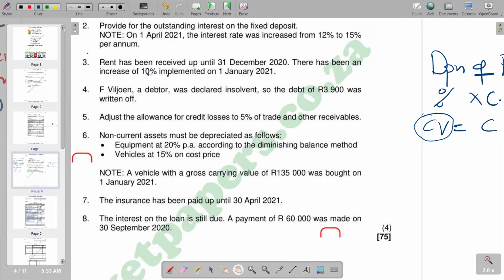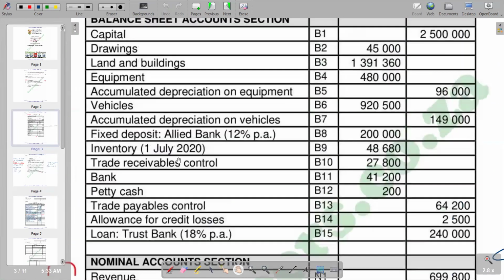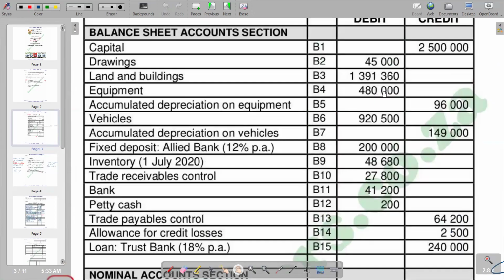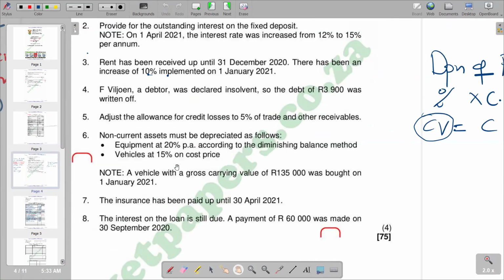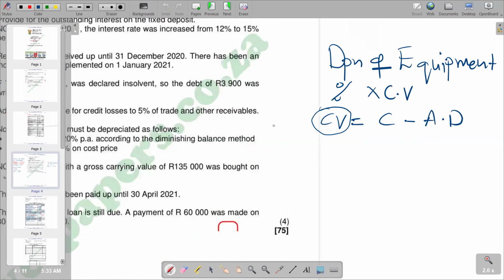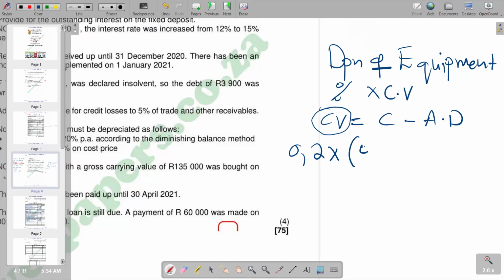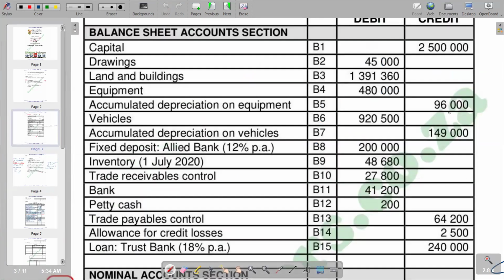So the figures that we have there represent equipment for the whole year. So we have 480,000 as the cost minus accumulated depreciation, 96,000. So our rate is 20%. We'll simply say 20% as a decimal, 0.2, times, in brackets, our cost of equipment, 480,000, minus accumulated depreciation, 96,000.